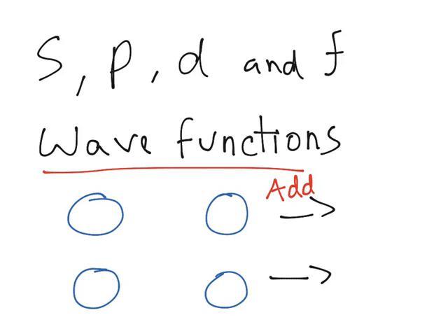And what that will yield is a big orbital. So pretty much they just fuse together. And that's what we call bonding. That's our first interaction.